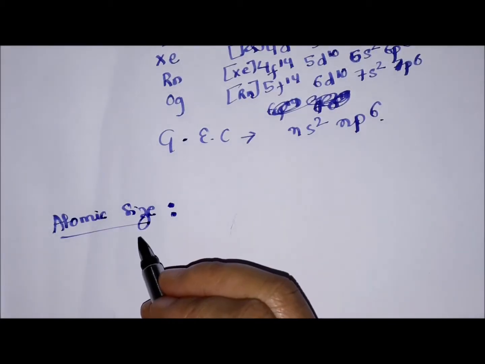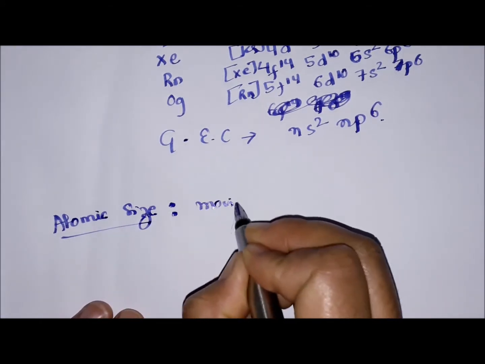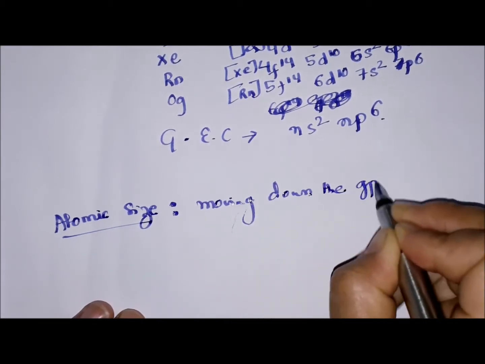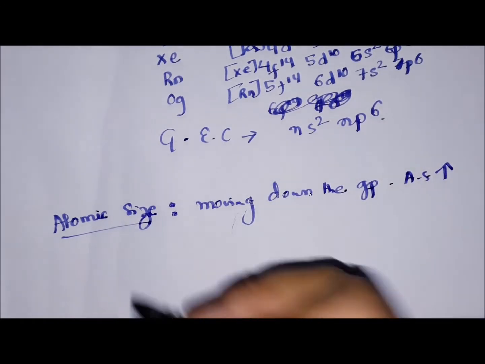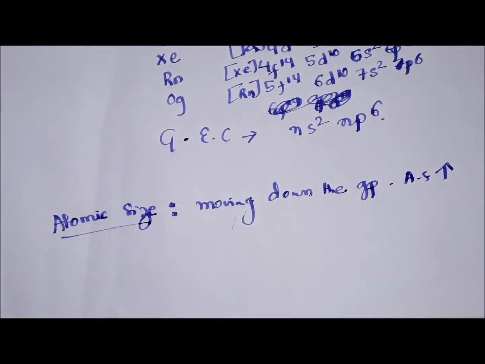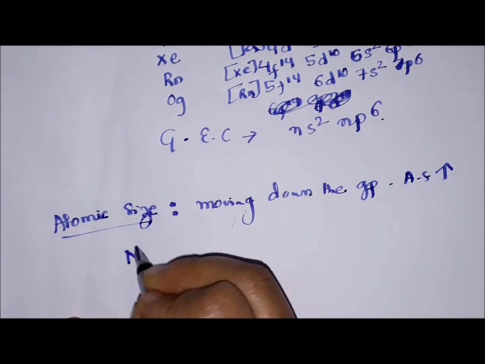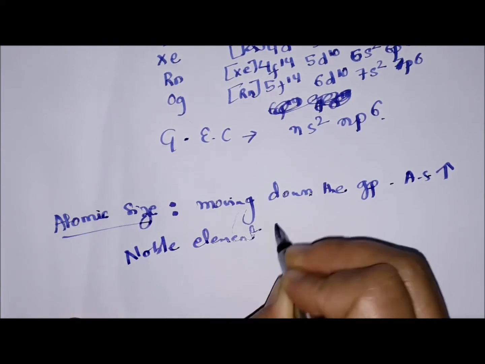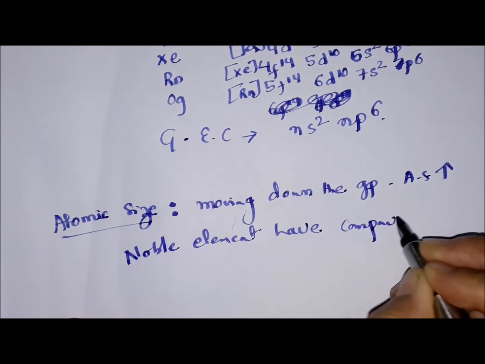Next property is atomic size. On moving down the group, the atomic size increases because of the addition of a new shell. Noble gases have comparatively large atomic size.